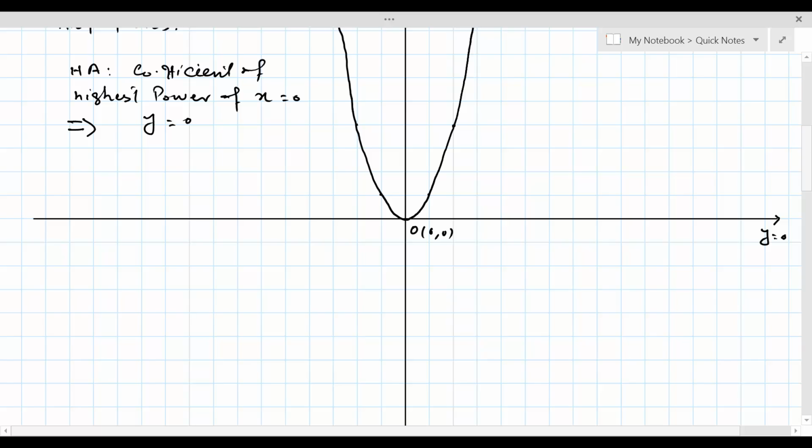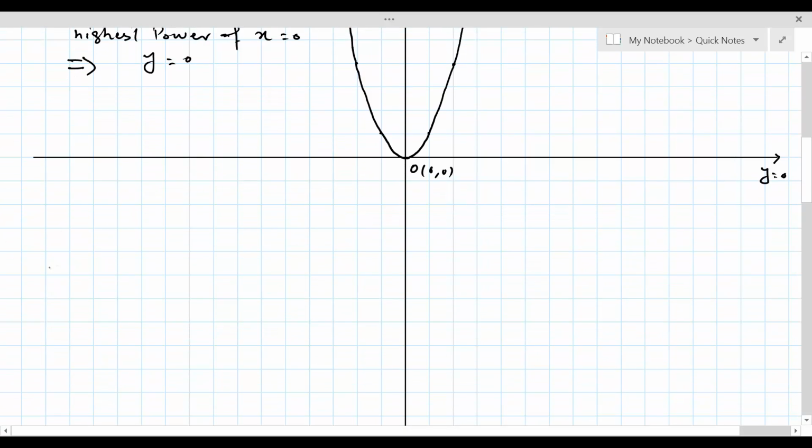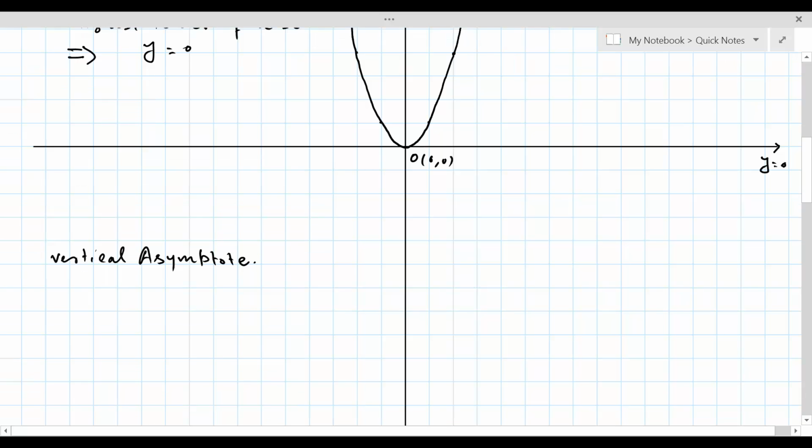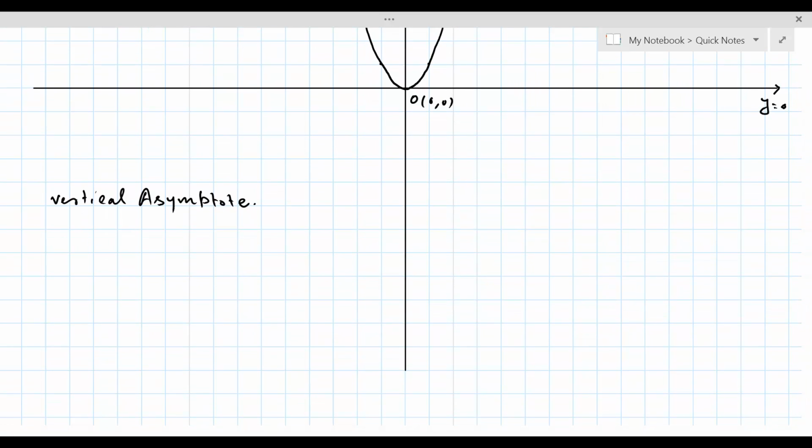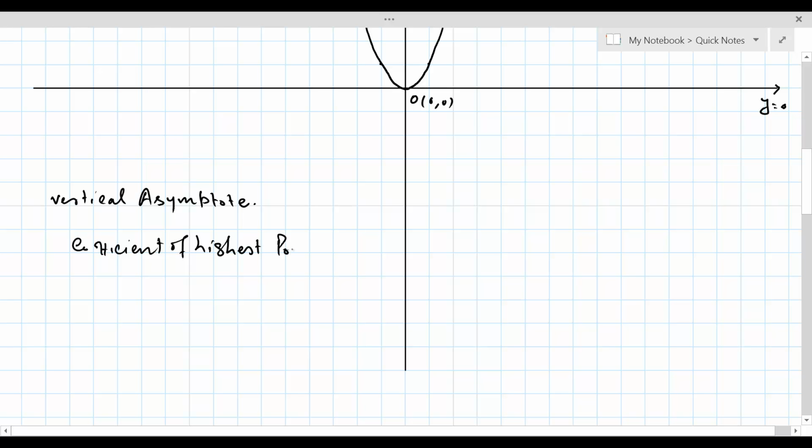Now let's find the vertical asymptote. For the vertical asymptote, we compare the coefficient of highest power of y equal to 0.